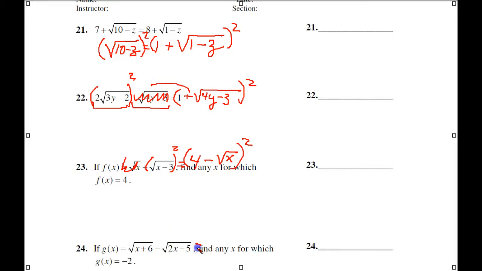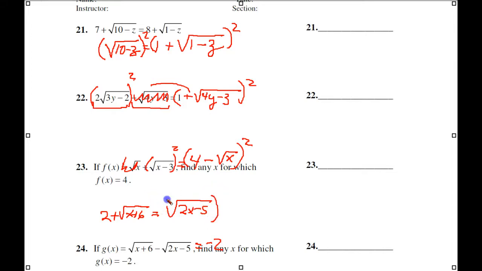This equals a negative 2. So again, what I would do is I like to have positive numbers. I'd bring the 2 over here. And then I'd bring this over to the other side, where it becomes positive.